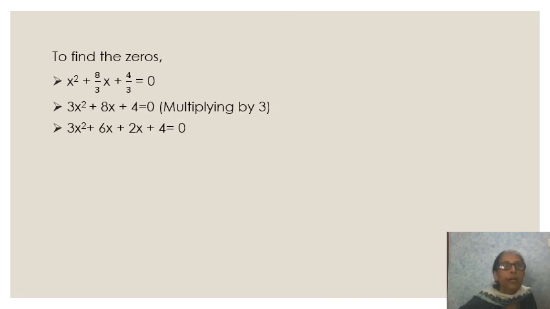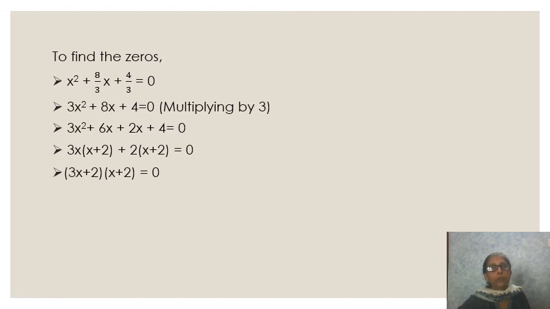Okay, now splitting the middle term, you can write 3x square plus 6x plus 2x plus 4, because product is 3 into 4, 12, and sum is 8. So 6 into 2 is 12, 6 plus 2 is 8. Okay, now taking the common factors out, you get it like this: 3x into x plus 2 plus 2 into x plus 2 equal to 0. And now you can write 3x plus 2 into x plus 2 equal to 0. So how do you write now?